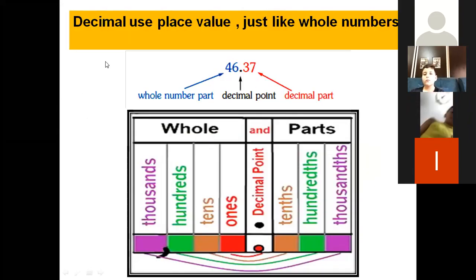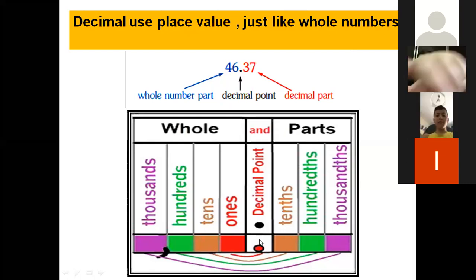This is what the place value chart of decimals looks like. This is very important. First of all, you should know that in the middle of the decimal, there is a decimal point. On the right side of the decimal point, we have decimal places or decimal part.